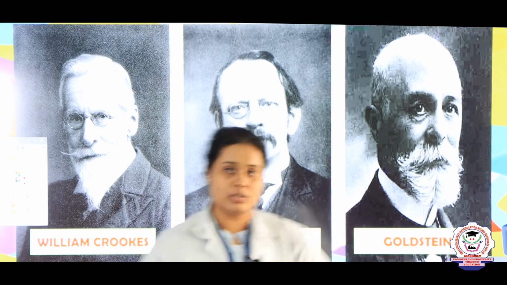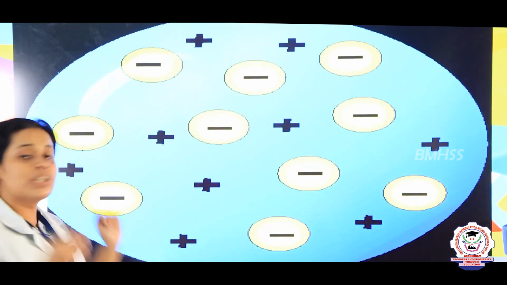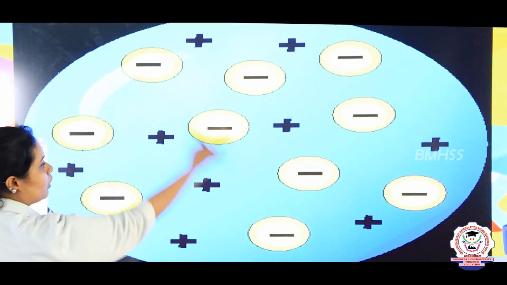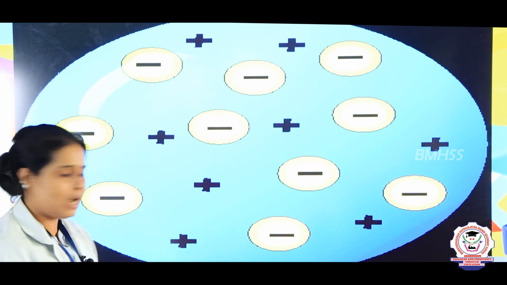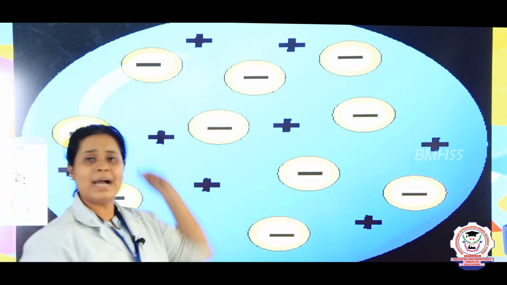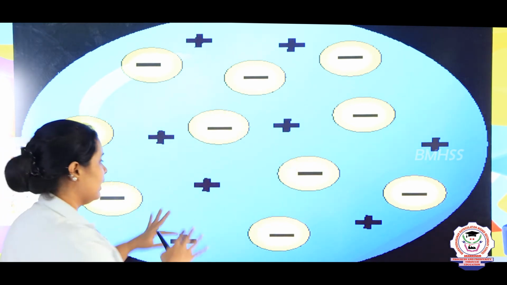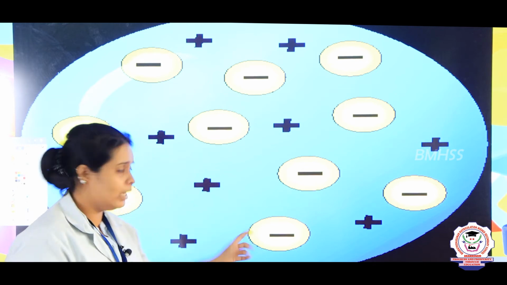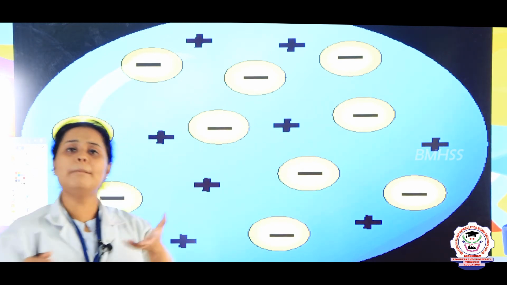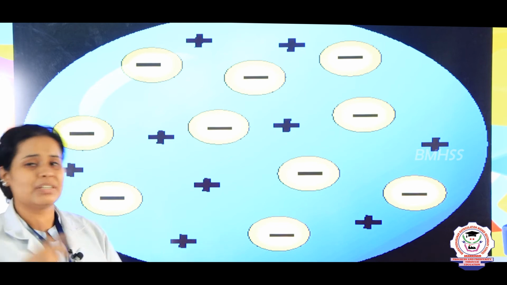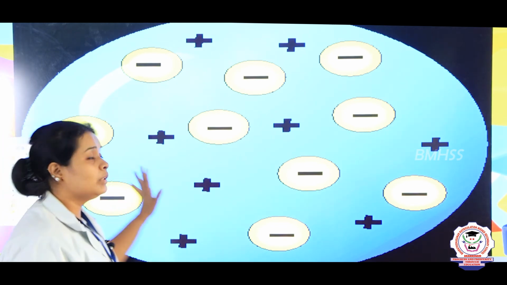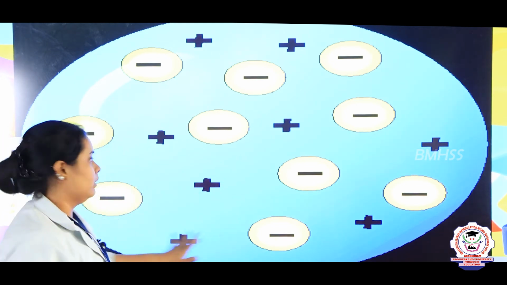So they discovered a shape in which there was a distribution of positive charge and small parts as negative. In the same way, they said negative can also be spread, and then there can be some positive ions or positive atoms present here, okay. So this was given by those three people.